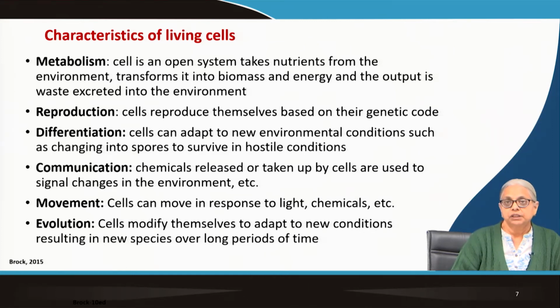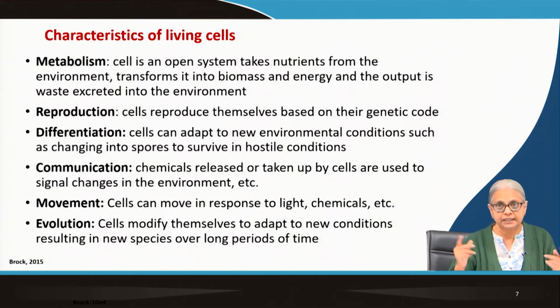How do we define whether a cell is living or non-living? So the textbook that I am referring to here has 6 different characteristics that are considered to define a living cell. The first thing is metabolism. Is the cell capable of deriving both mass as well as energy for itself?